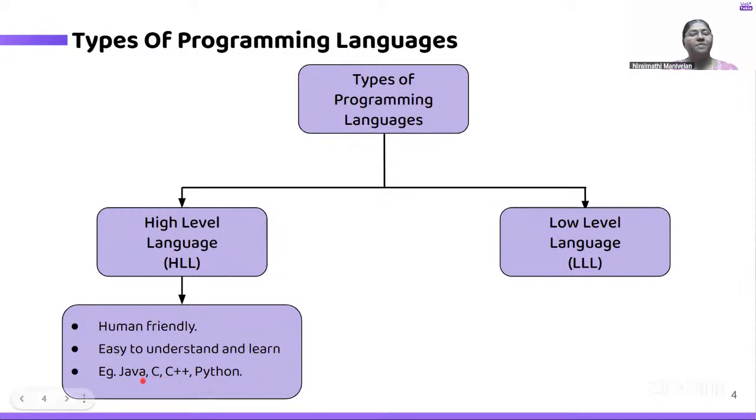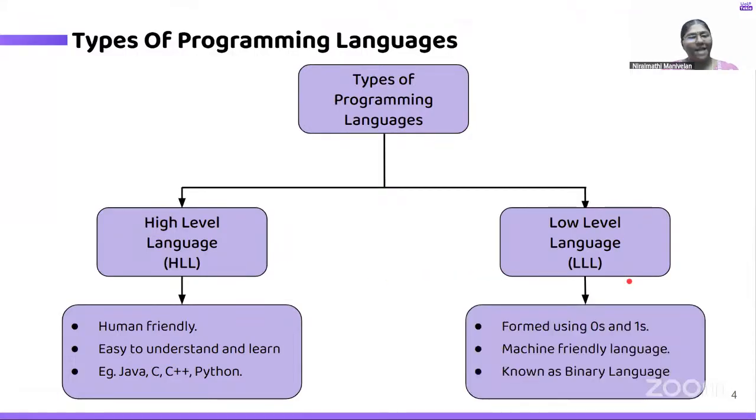For example, we have Java, C, C++, Python, HTML. These are high level languages that we, as programmers, can understand. And what is a low level language? It is a machine language formed using zeros and ones. Only the computer can understand the zeros and ones, and we can call it a binary language.